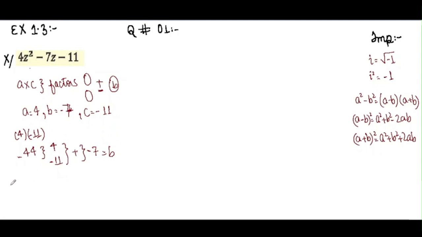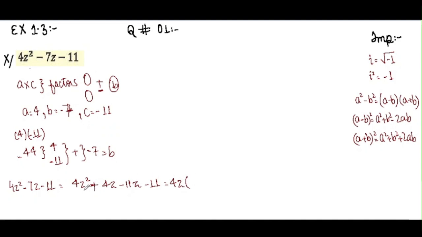The polynomial given is 4z square minus 7z minus 11 equals 4z square minus 11z plus 4z minus 11. Now here we can take 4z as common.